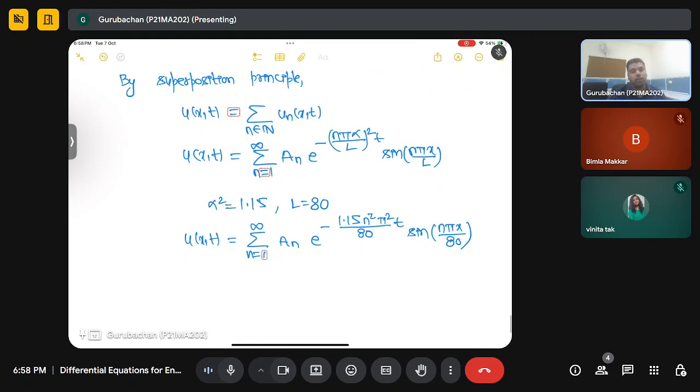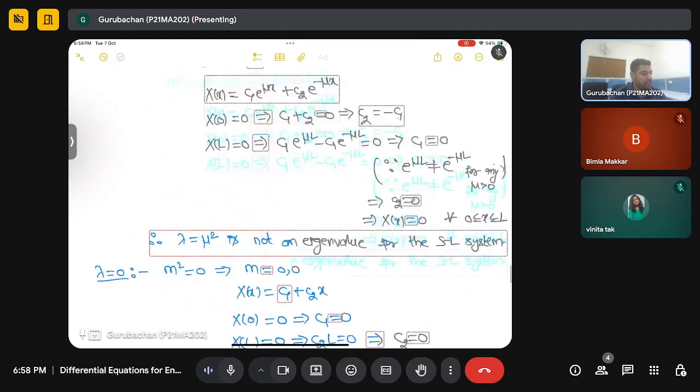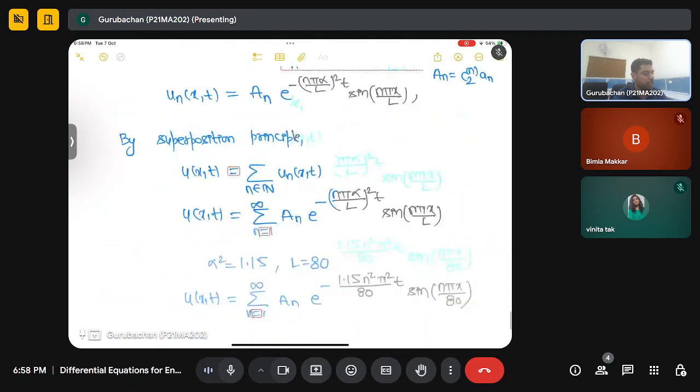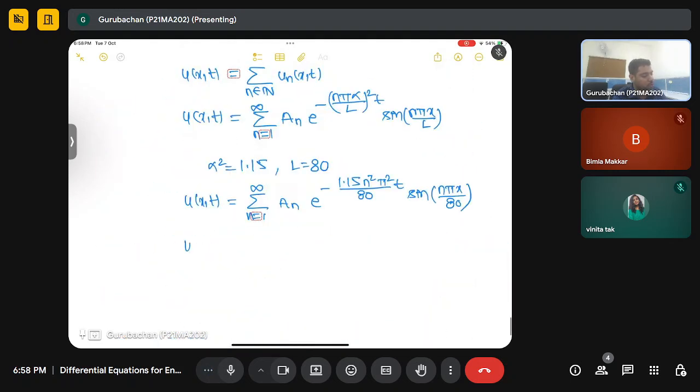Now we have to find this arbitrary constant An. We have been given the condition that f of x is 100 sin pi x by 80. That means u of x, 0, the initial condition, is 100 sin pi x by 80.